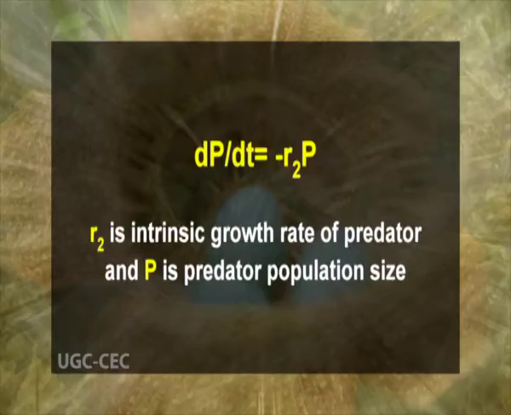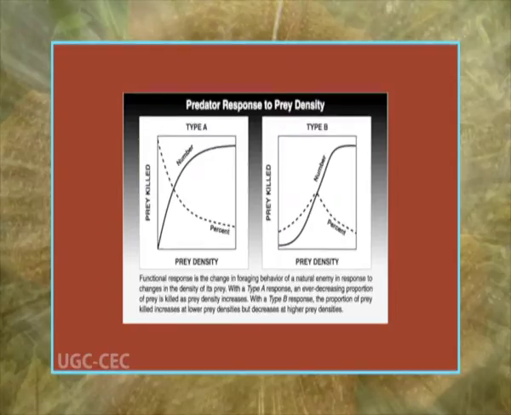Without prey, the predator population dies off according to the equation dP/dt = -R2P, where R2 is the intrinsic rate of the predator and P is predator population size. If the prey and predator are grown together, the rate of increase of prey is slowed by a factor depending upon the density of the predator population.